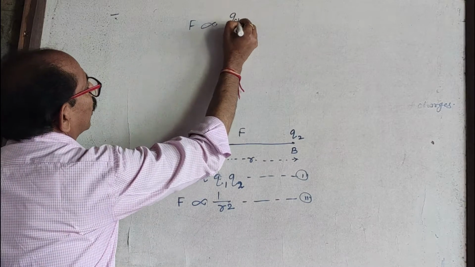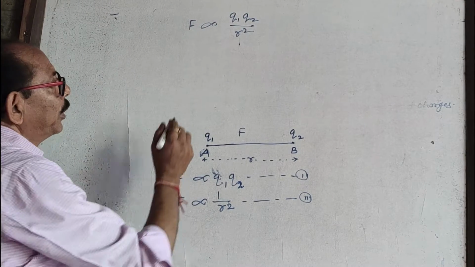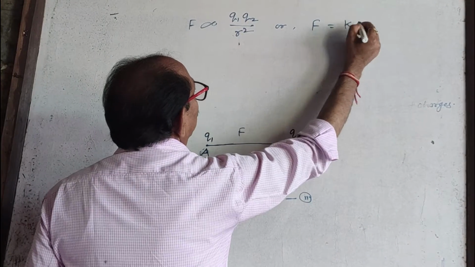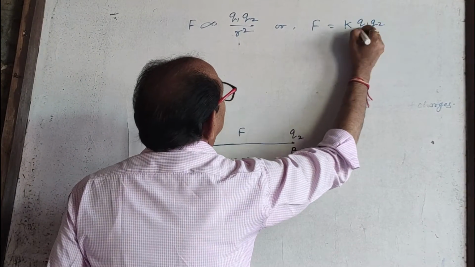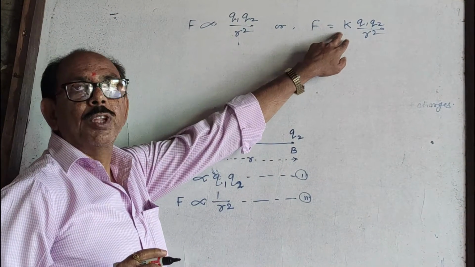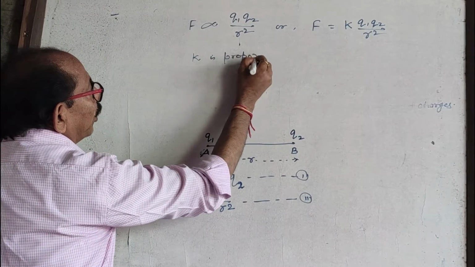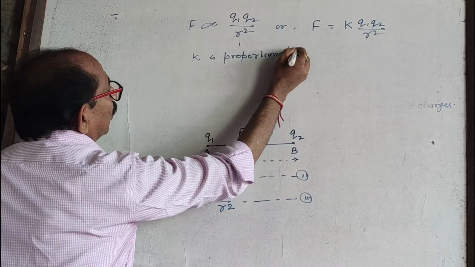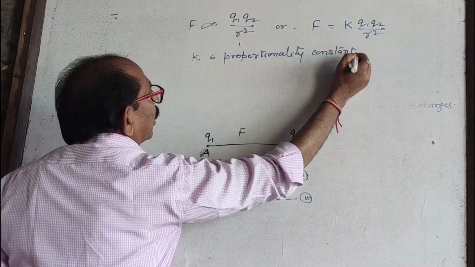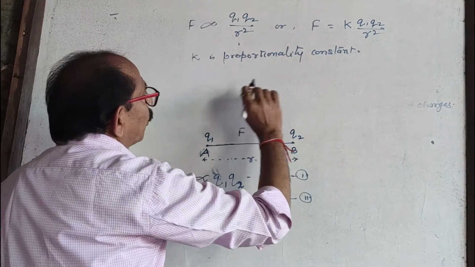F is proportional to Q1 Q2 by R square, or F equals K Q1 Q2 by R square, where K is the proportionality constant.